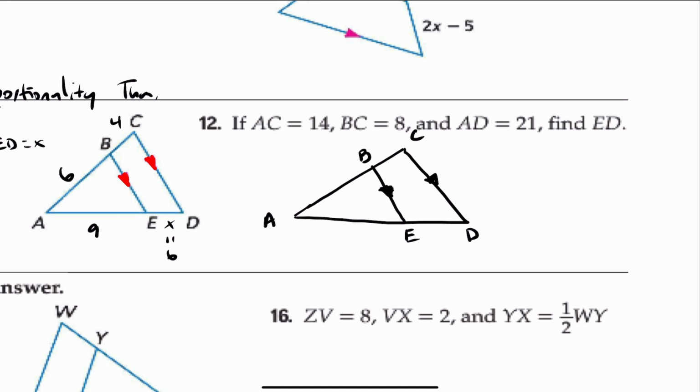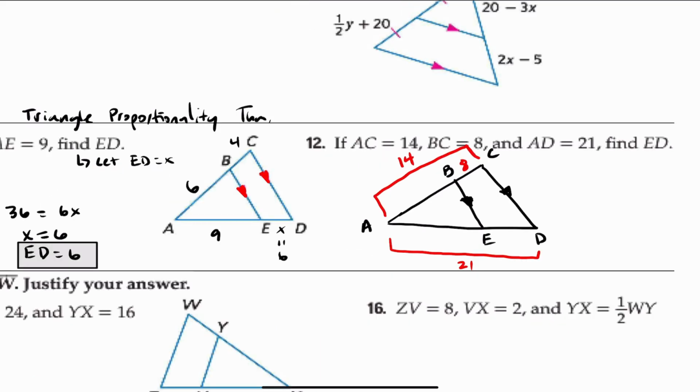So here we have AC, that's 14. So this whole thing here, y'all, if you can see it, AC is 14, and then BC is 8, right? Oh, no, that's not BC. This is BC. BC is 8. And then AD is this whole thing here, which is 21, okay?